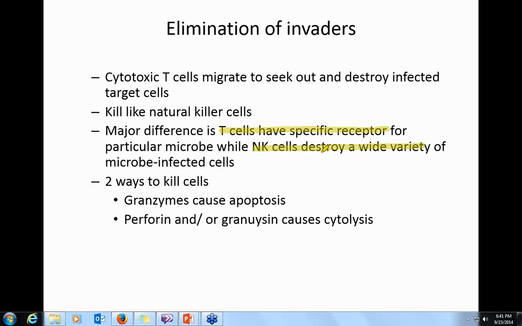Natural killer cells are innate or nonspecific. T cells are specific or adaptive immunity. However, they're both lymphocytes and they both kill the same way. They can induce apoptosis or they can cause cytolysis by poking holes in the membrane of the pathogen.